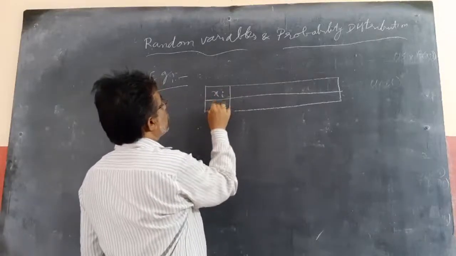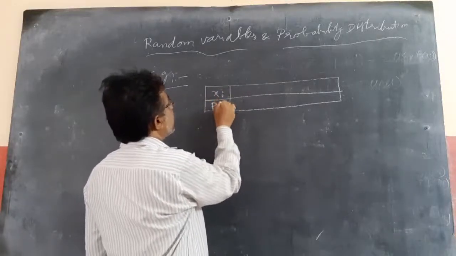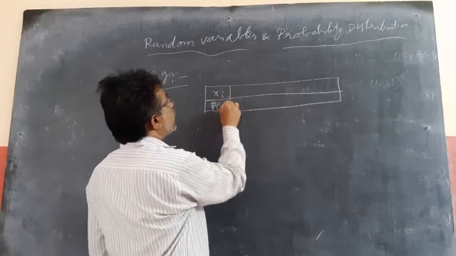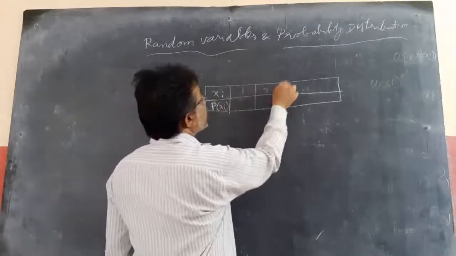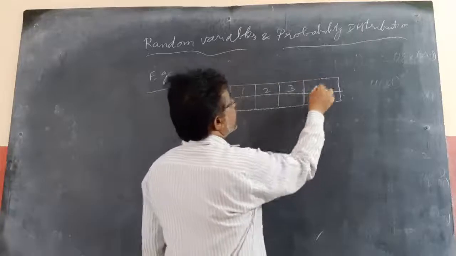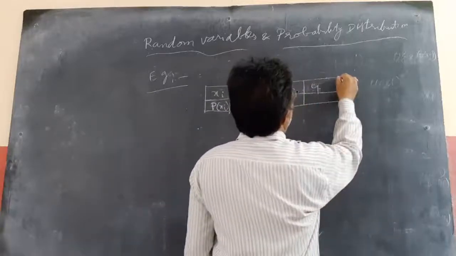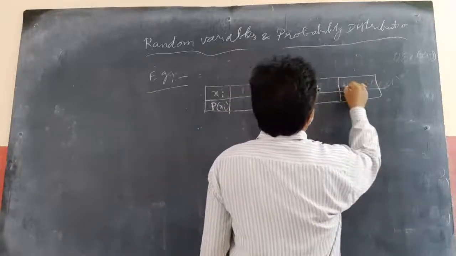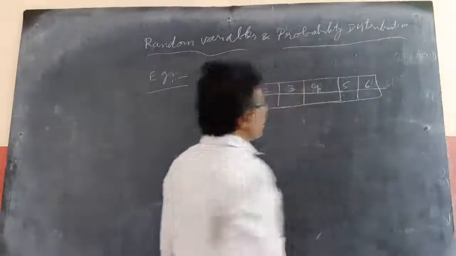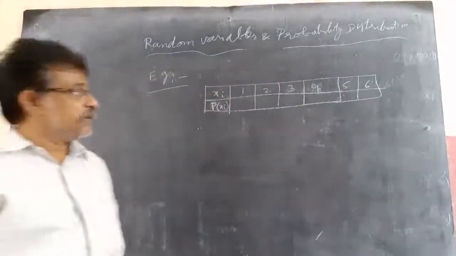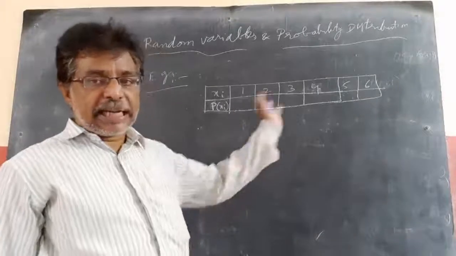So xi is equal to, what is xi when a die is thrown? Possible outcomes are it can be 1, or 2, or 3, or 4, or 5, or 6. So possible outcomes when a die is thrown are 1, 2, 3, 4, 5, 6. These you can take as the random variable.